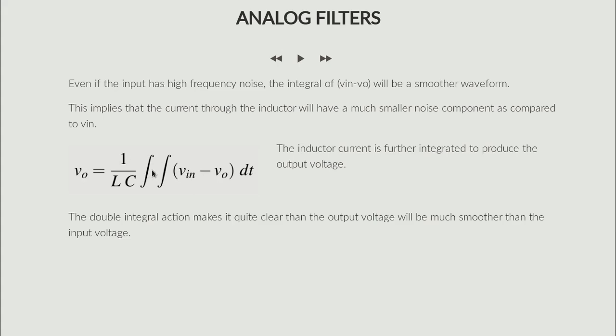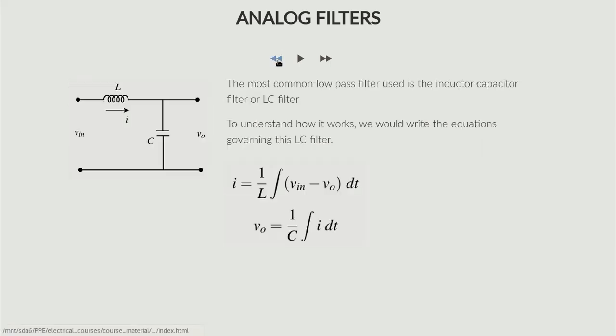This is how this inductor capacitor filter works. It can take an input voltage with a significant noise component and produce an output voltage that is pretty smooth, and this is because of the nature of the inductor and capacitor. Quite simply put, the inductor will try to block any high frequency components in the current, and the capacitor will bypass any high frequency components and produce a smooth output voltage.